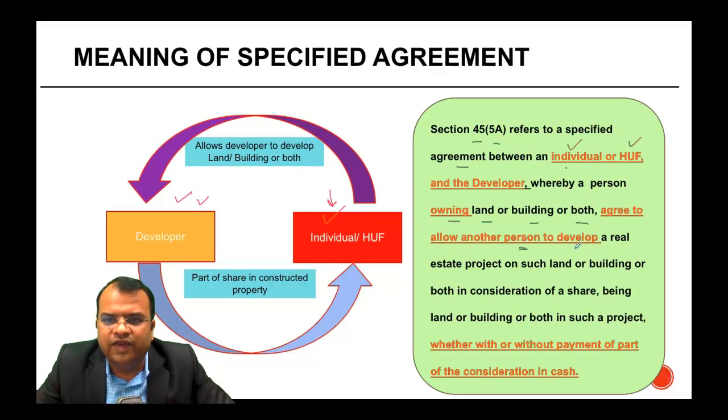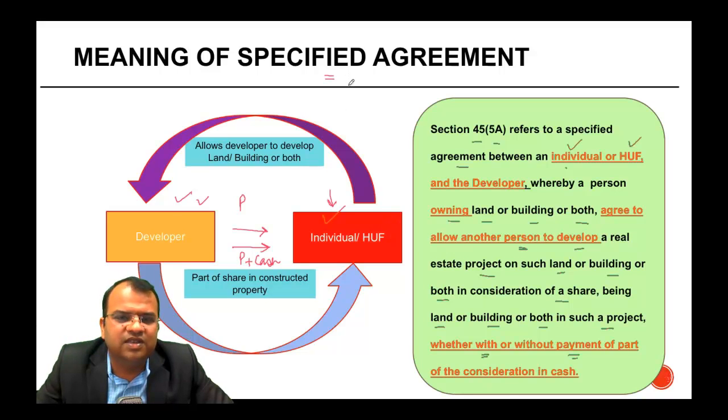Developer, to develop a real estate project on such land or building or both, in consideration of a share being land or building or both in such a project, whether with or without payment of part of the consideration in cash. The agreement may be only to give property. The agreement may be to give property plus some part in cash. Both of them are covered under a specified agreement.